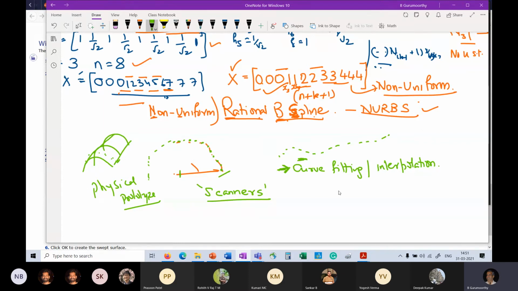So I have an object which is lying on a table, and I have a gantry type device, on which I mount a source of light. If it creates a line, and as the line moves, a point, and as the point moves along the curve, from the reflection of this light, I can calculate the Z coordinate, the X and Y coordinate.